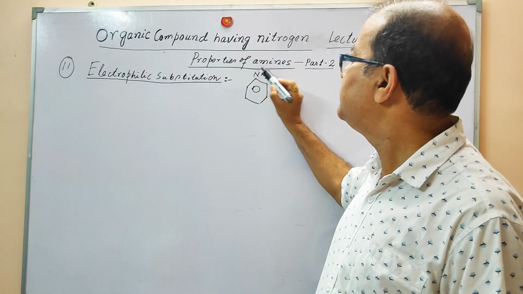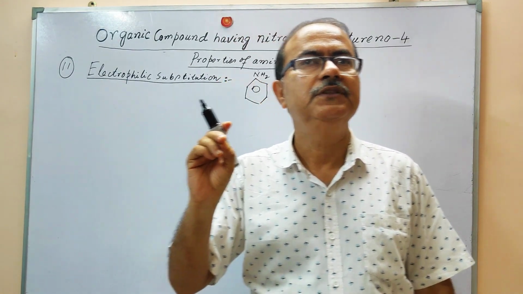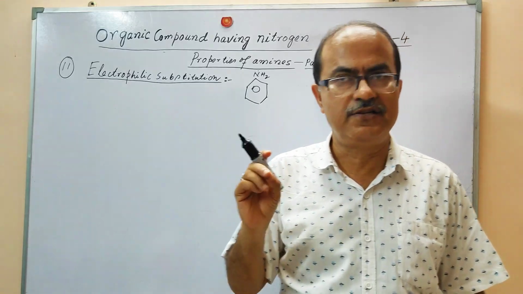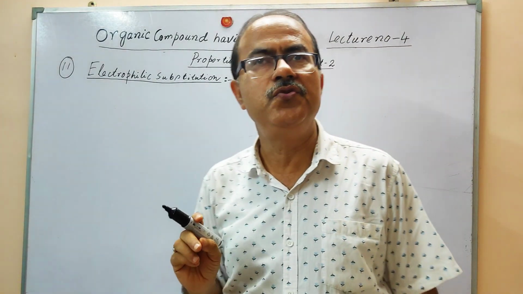And as it is electron donating, if you see the resonating structures, during the resonance there are 5 structures we know.